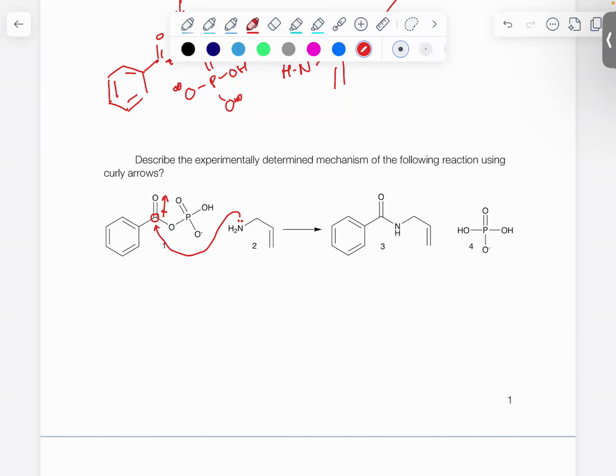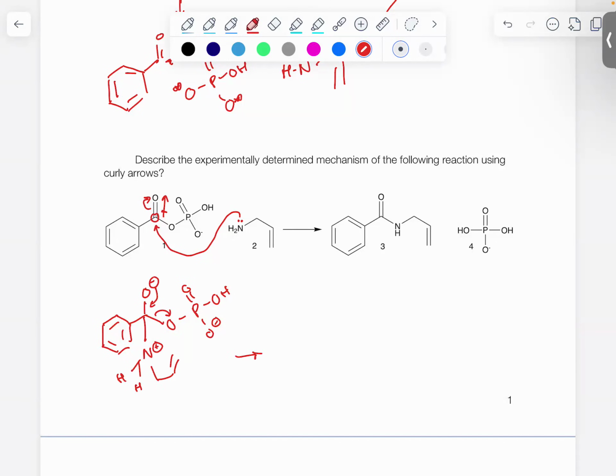So if we attack here, we can push the electrons up onto the oxygen, making this tetrahedral intermediate.